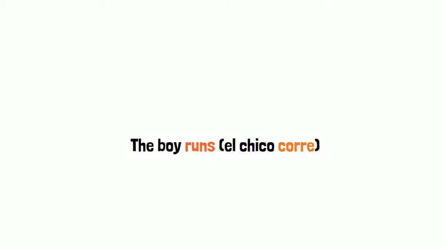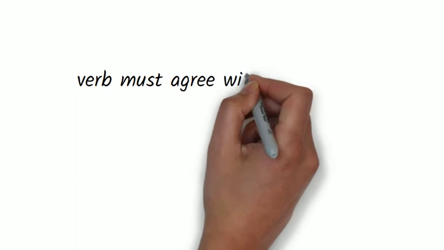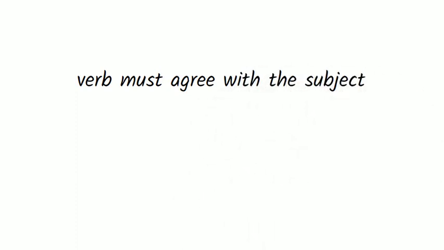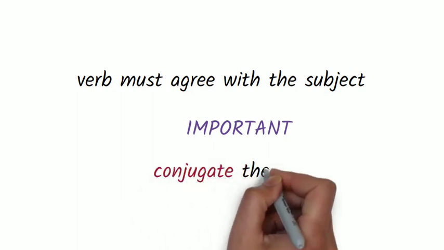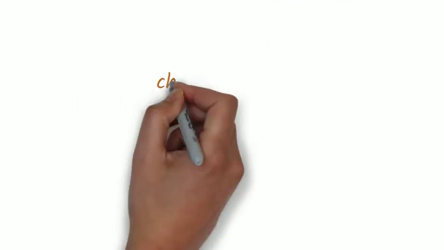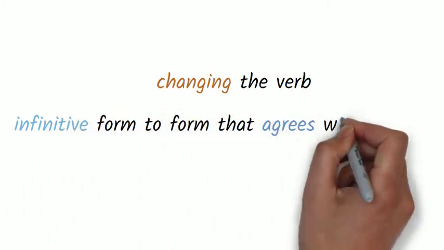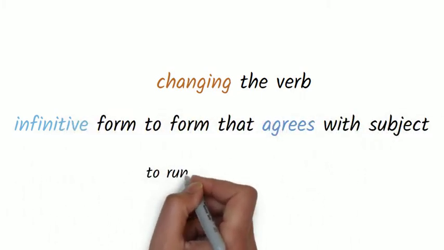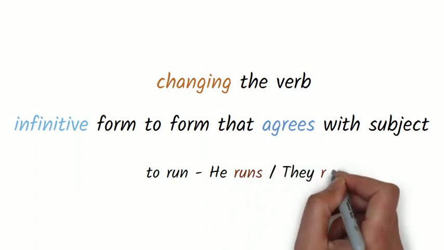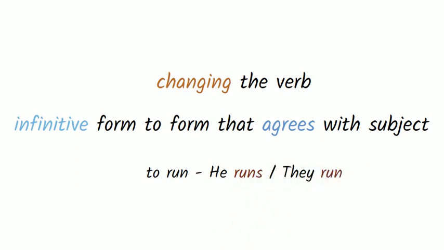Here, the verb is runs. In Spanish, the verb has to agree with the subject. That is why it's important to conjugate the verb. Conjugation means changing the verb from its infinitive form to a form that agrees with the subject. So, to run, he runs, they run.